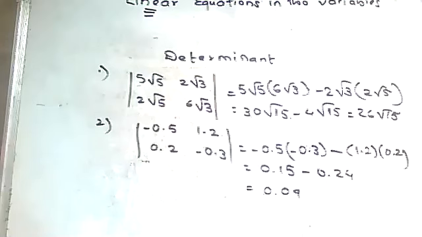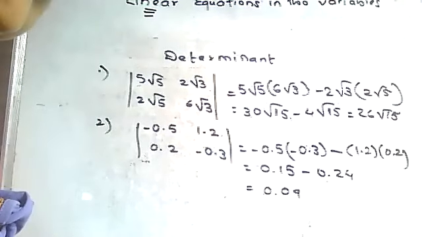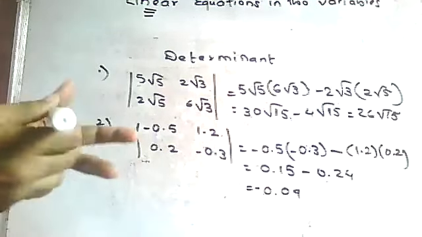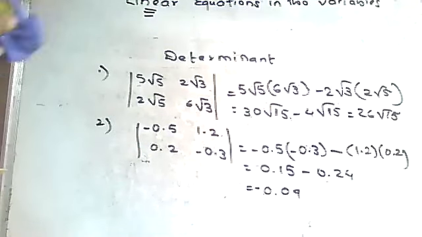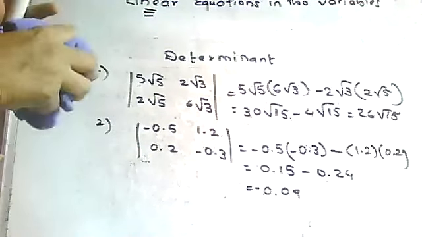So these all were what? Determinants. Obviously sign is negative, the greater number's sign, so minus 0.09.